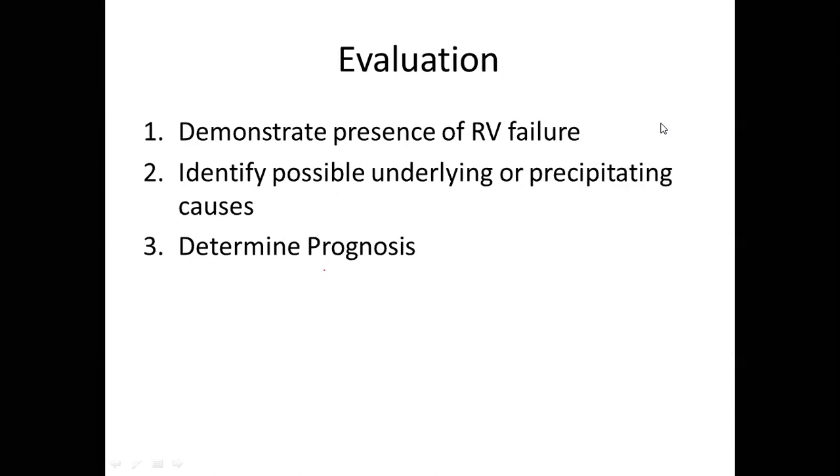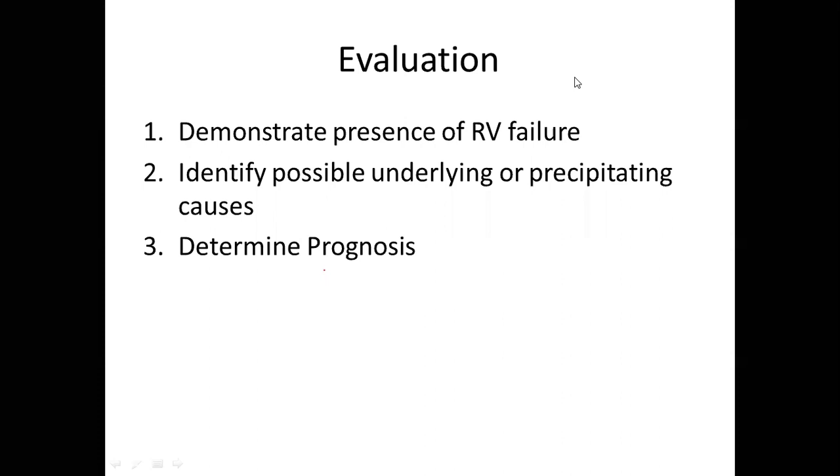So in the evaluation of patients with suspected RV failure, these are the objectives or the rationale of evaluating such patients. The first is to demonstrate that the patient is having RV failure. So we will see some tests which are important in that regard.